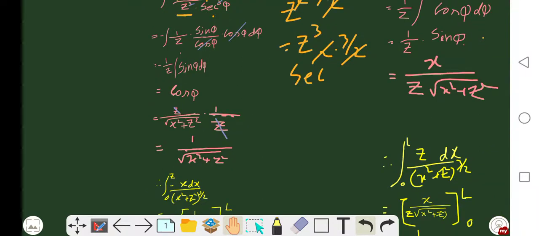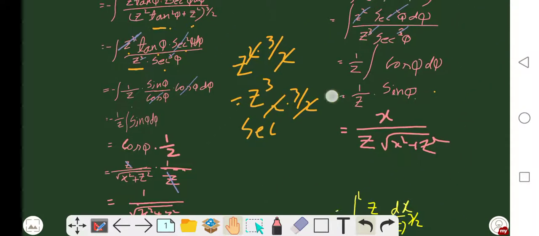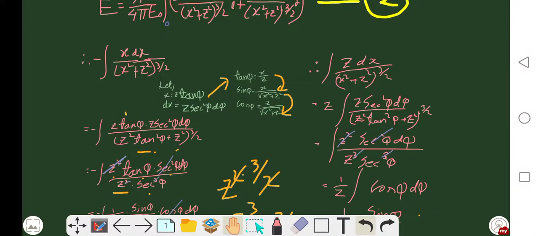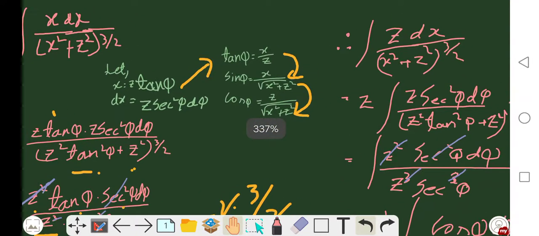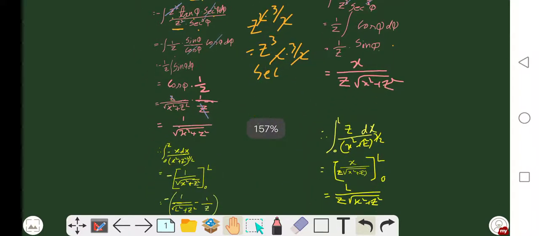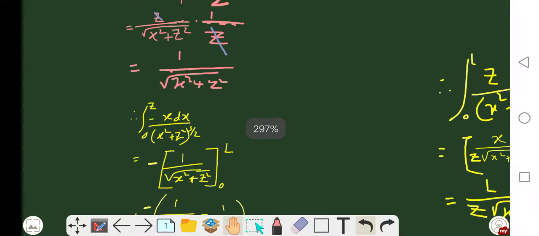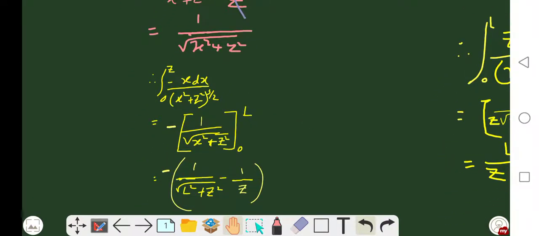So minus cos phi, and minus cos phi, so we are left with cos phi into 1 by z, and the value of cos phi we already solved, so I just put the value of cos phi here and do the calculation. So it will be 0 to L.